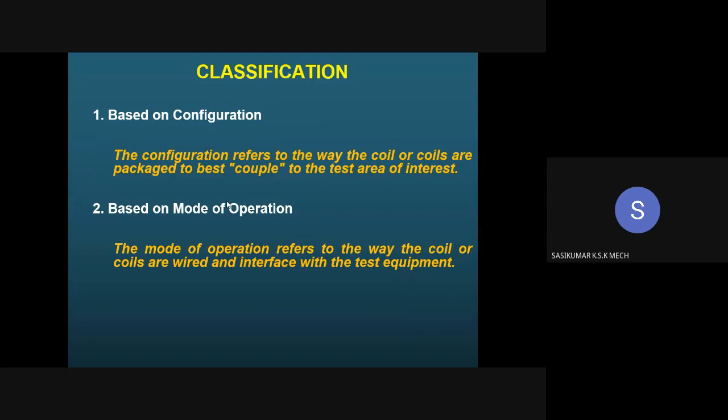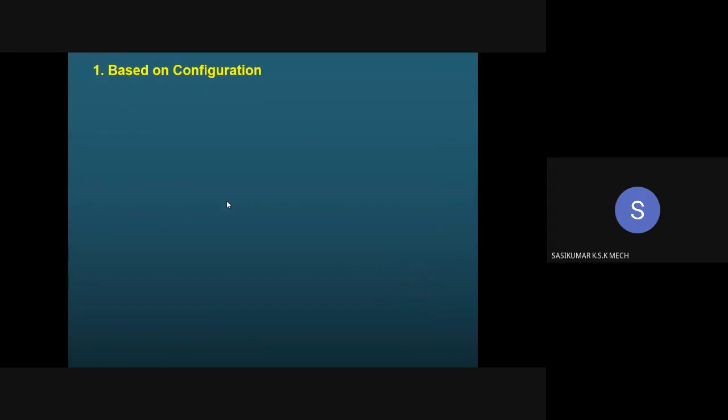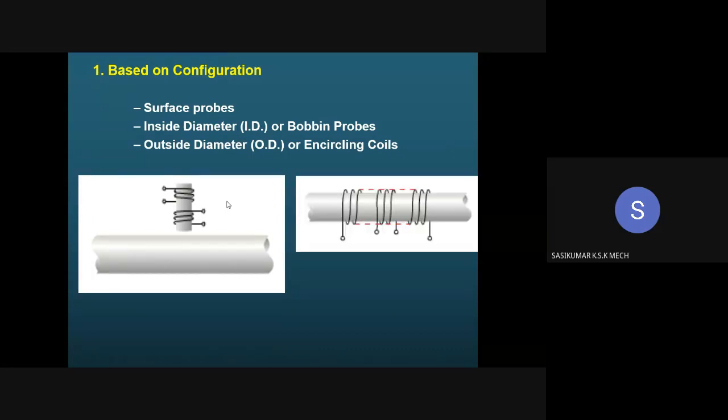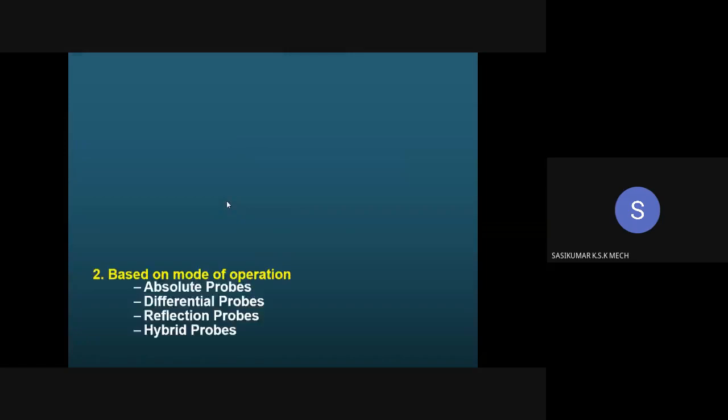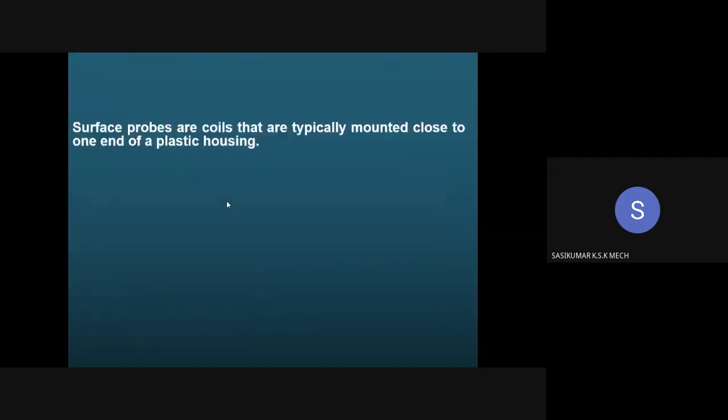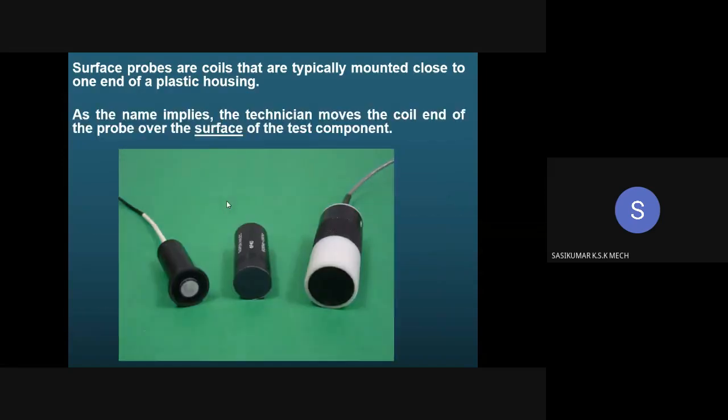So based on these two categories, the probes can be classified. Based on configuration, the probes may be classified as surface probes, inside diameter or bobbin probes, and outside diameter or encircling coils. Based on mode of operation, there are absolute probes, differential probes, reflection probes, and hybrid probes. An absolute probe tells the absolute values, the quantity of magnetic field generated.